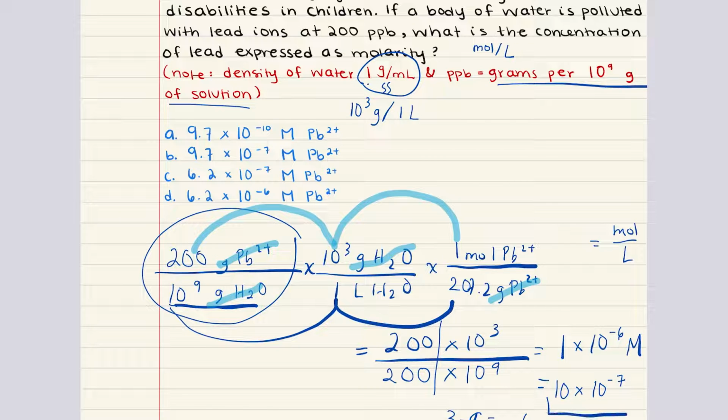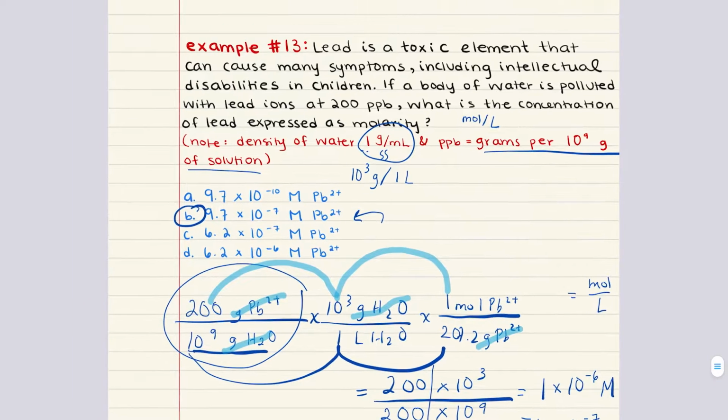The reason we want to do this is because this looks closer to what our answer choices look like. Rewriting 1 times 10 to the minus 6 as 10 times 10 to the minus 7 allows us to quickly identify that the closest answer is answer choice B. So the correct answer for 13 is B.